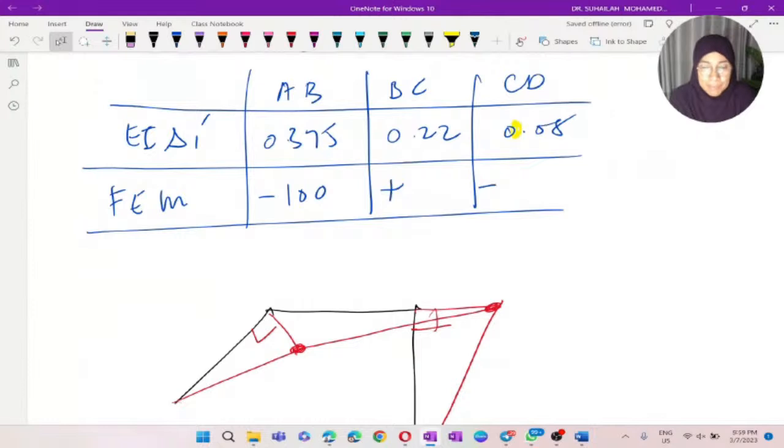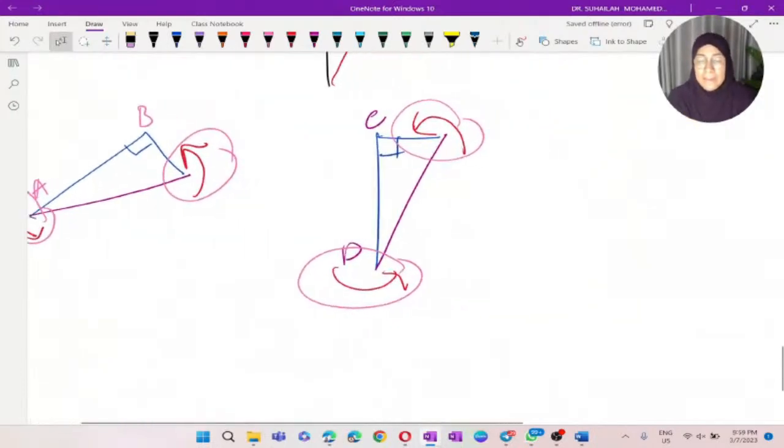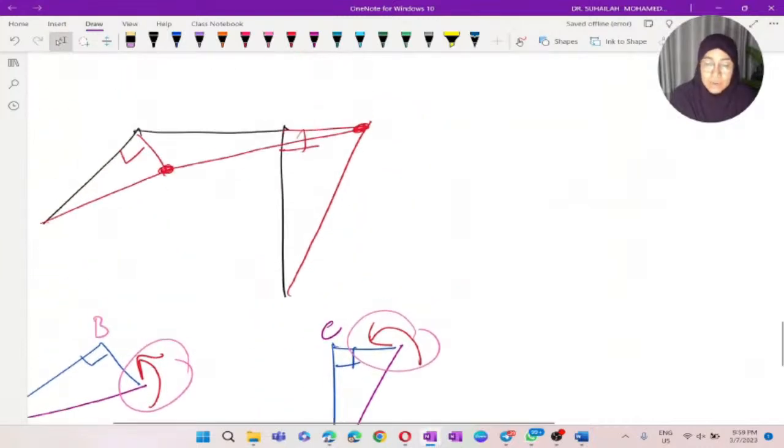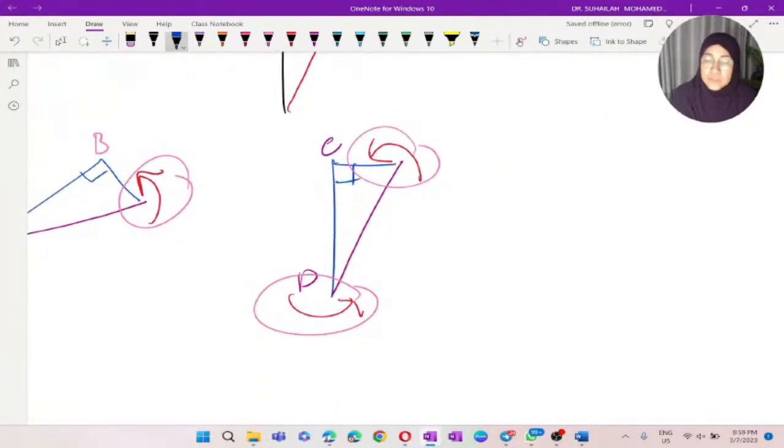However, the FEM for the beam is positive. How do we get this? Always remember that the beam is a horizontal member. Just picture this shape. This is the new beam position after sidesway.